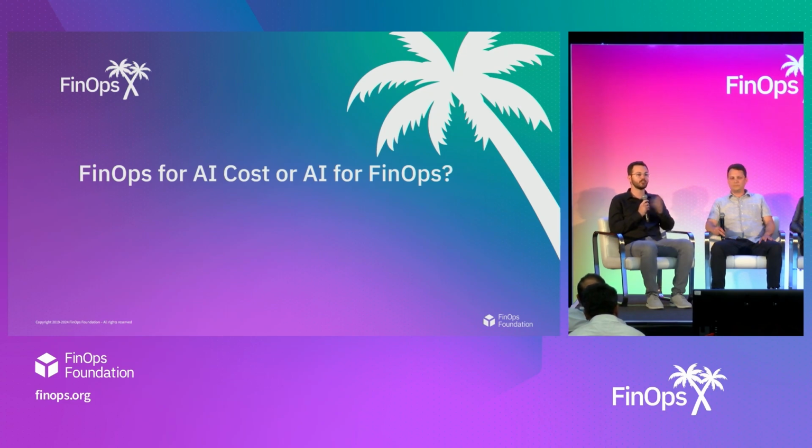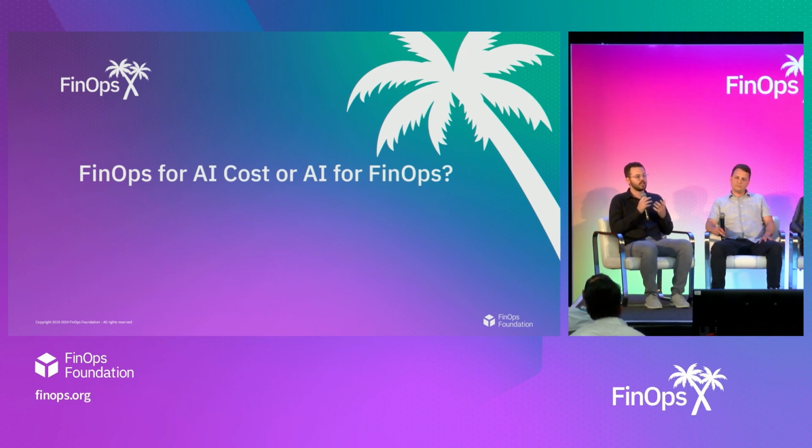And then AI for FinOps is how do you multiply the capabilities that us as practitioners of FinOps have without needing to hire a whole 100-person team to send out a bunch of emails. If you can have AI agents send out emails on your behalf to all of your application teams, you get that force multiplier from the new technology.